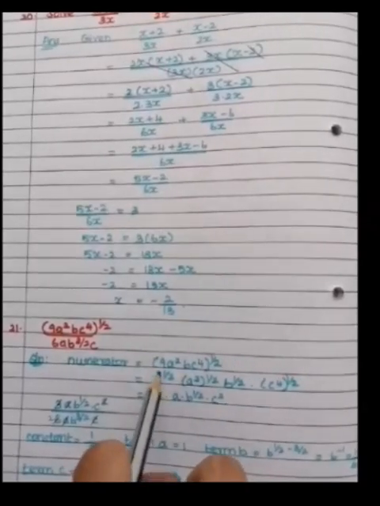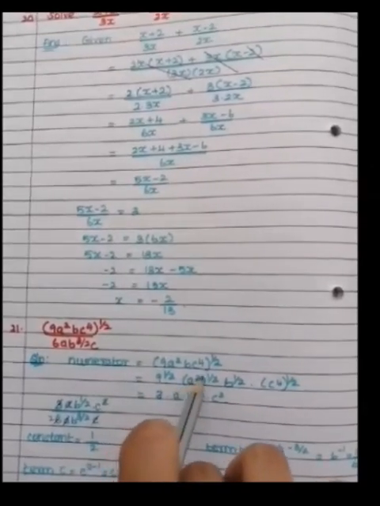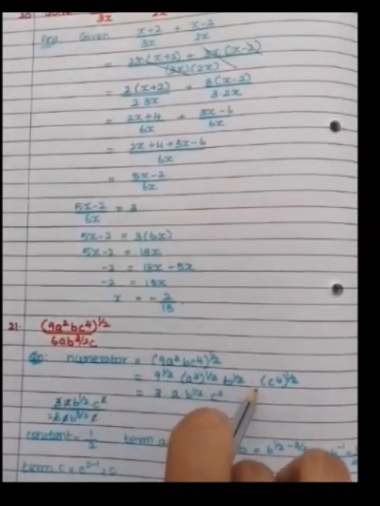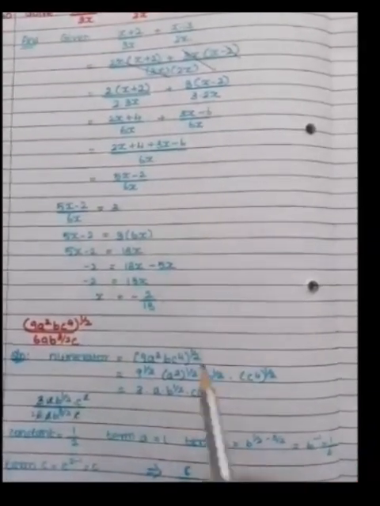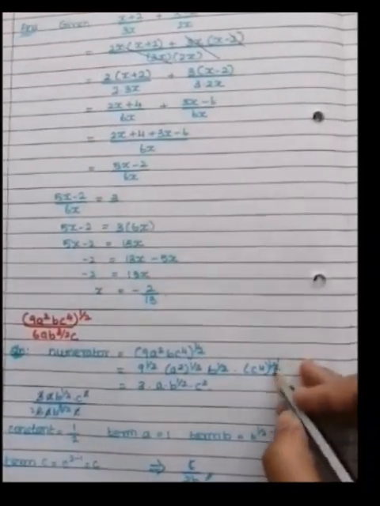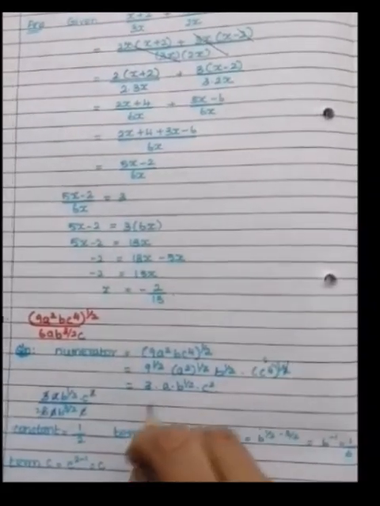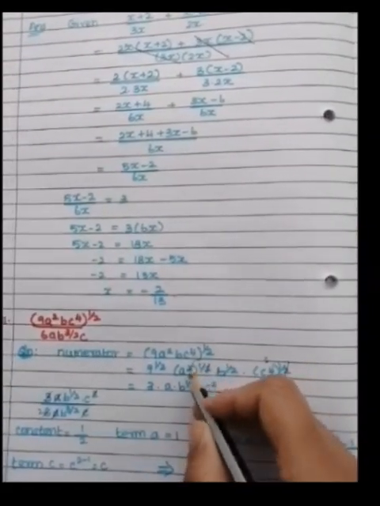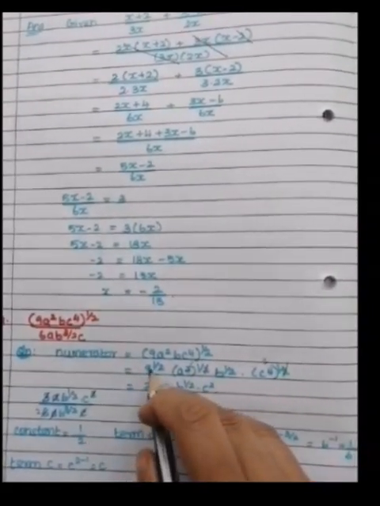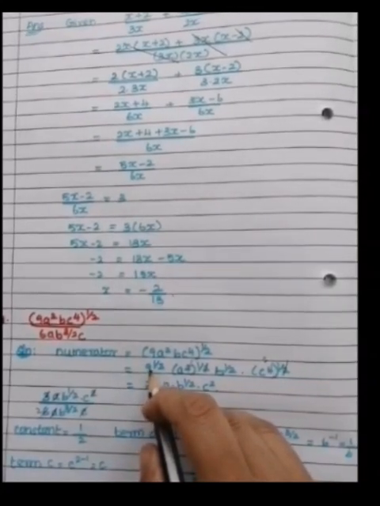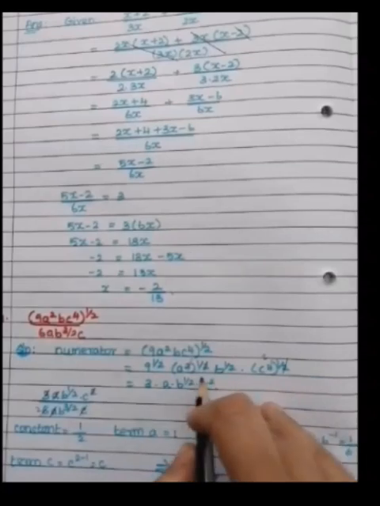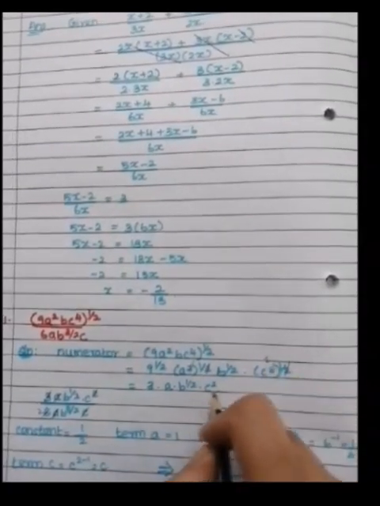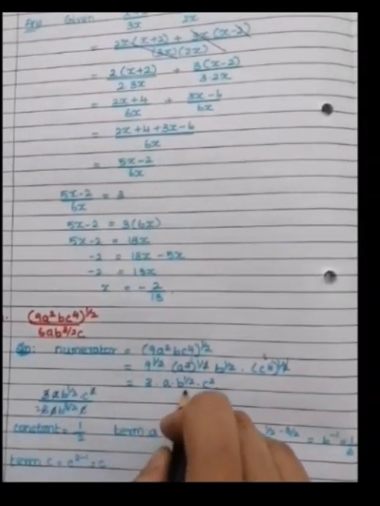We get 9 power 1 by 2, a square power 1 by 2, b power 1 by 2, c power 4 whole power 1 by 2. Here the 2 ones are 2s, here both cancel. So square root of 9 is equal to 3. Here a, b power 1 by 2, c square. This is the value of the numerator.